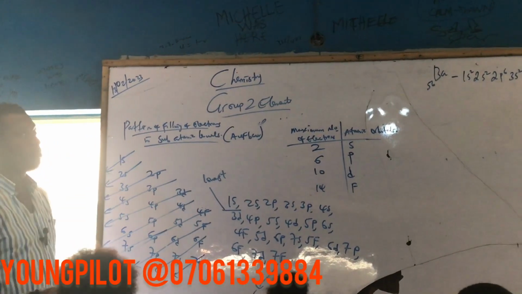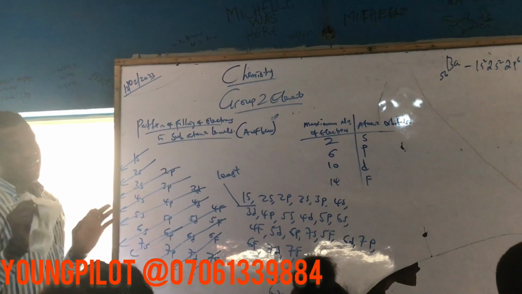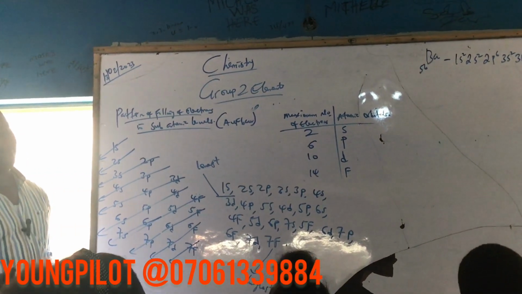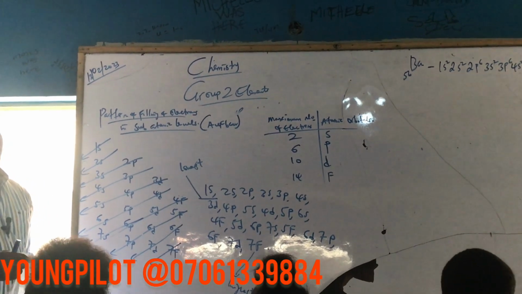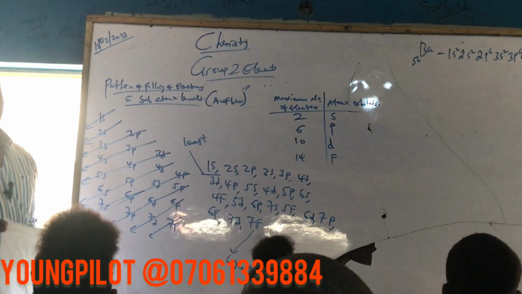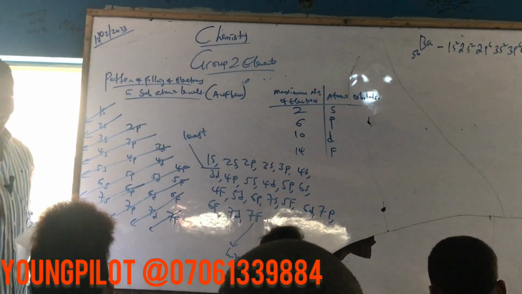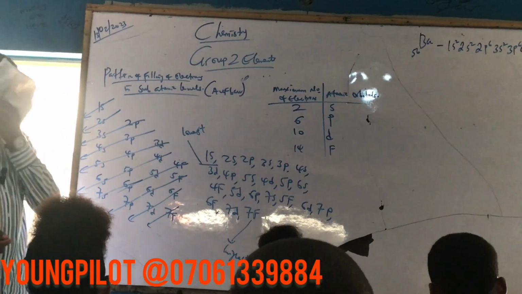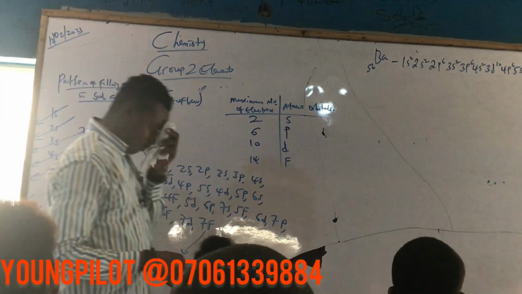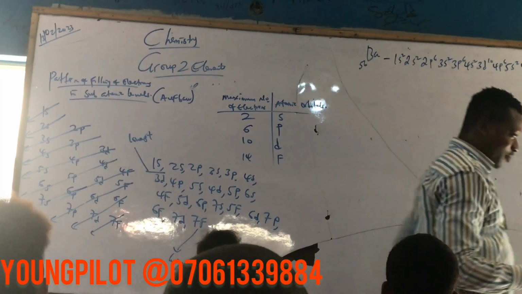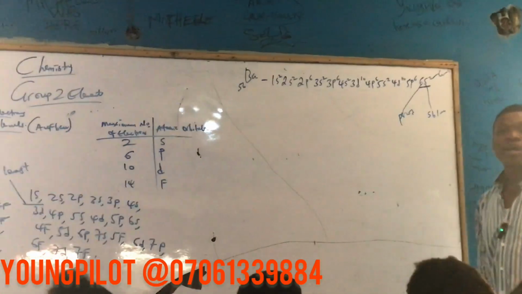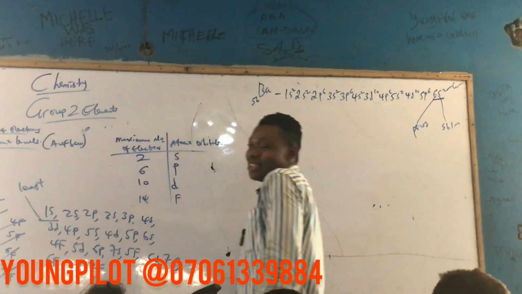Every element belongs to a block, every element belongs to a group, and every element belongs to a period. Even hydrogen. It has a period, but you don't get a group: it's period 1, no group, and no block. Hydrogen is a very important element. Check chemistry, there's no chemical compound where you don't see hydrogen.